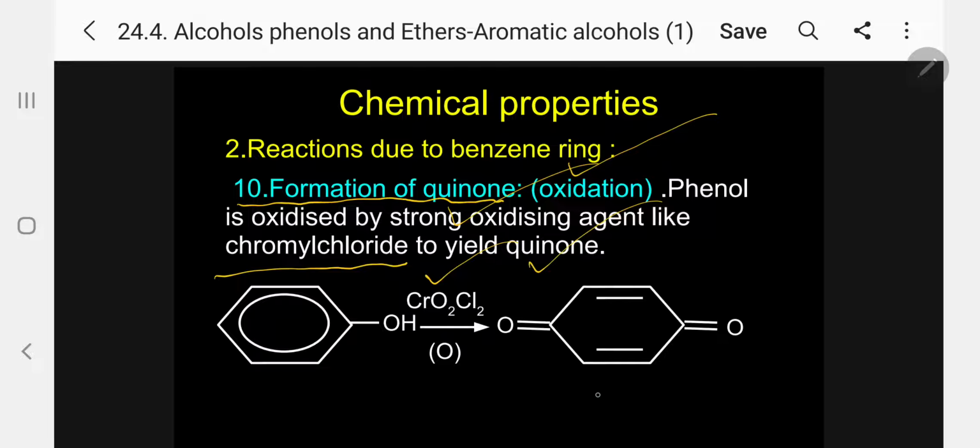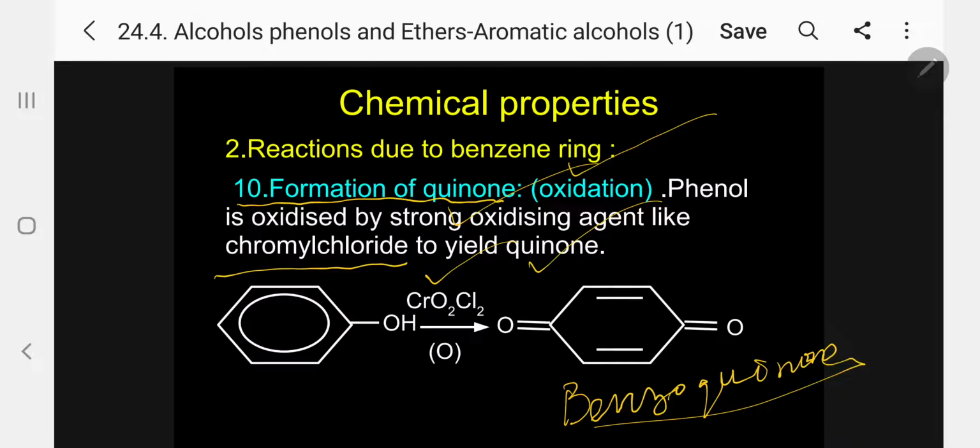This is benzoquinone. Kindly follow. Quinone, simply benzoquinone. This structure is formed in the case of phenolphthalein in the presence of sodium hydroxide. That's why it is pink in color. Okay.